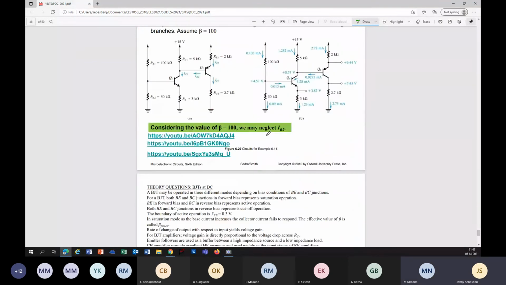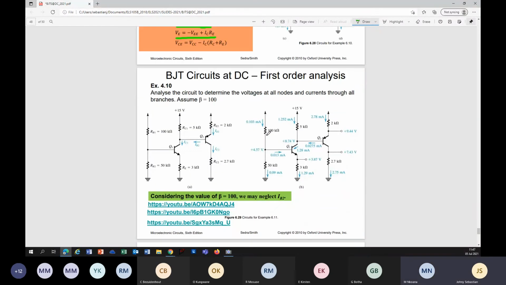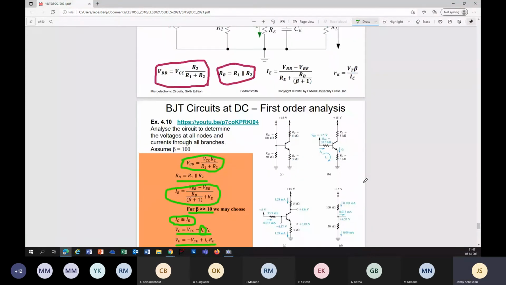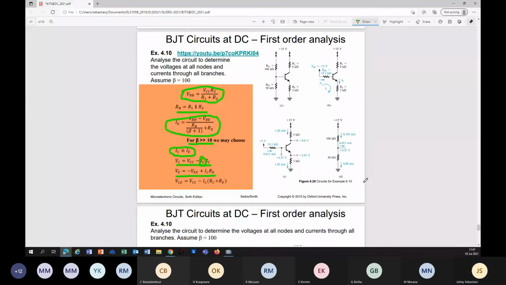Yes, sir. Okay. Now, before going into this slide, this is going to take a while. So I'm going to stop this class at this point. Now, what I want you to do is choose the same problem. Change the VCC from 15 to, say, 12 volt.